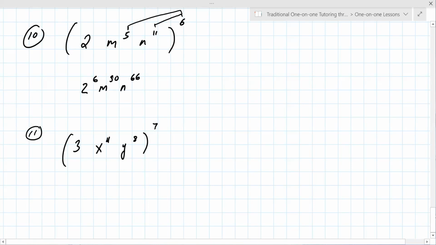Let's try this one. This one's just like the previous one, except it's different numbers. It's the same set of steps. Give it a try. See if you can do it on your own here. Okay. And then wait, hold up.